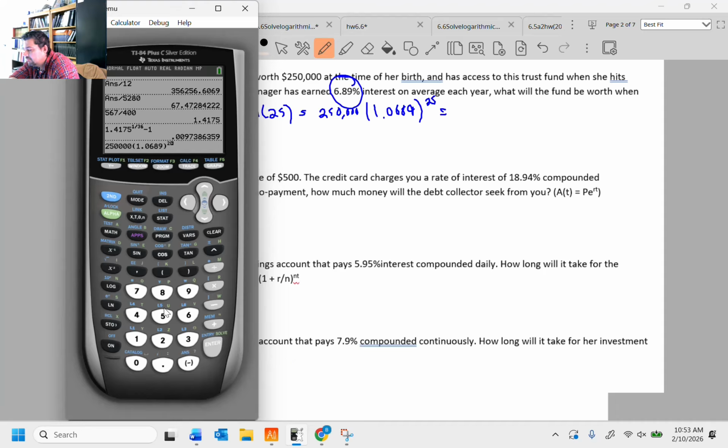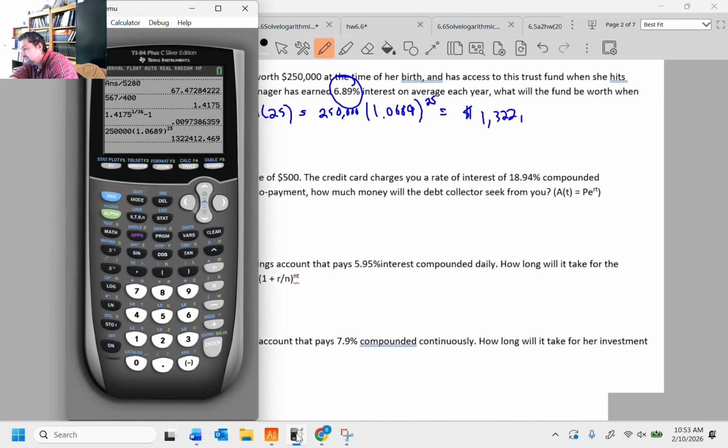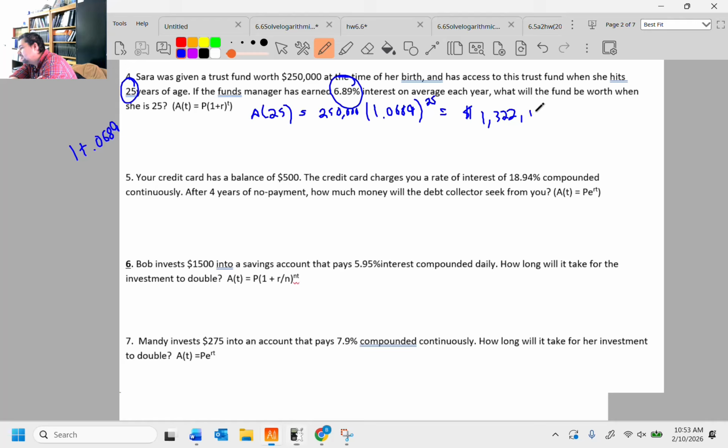She is. That's a green flag right there. $1,322,412.47. She's wealthy.